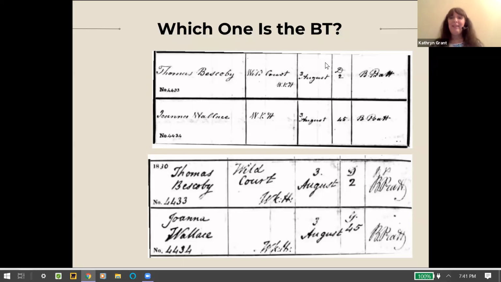Yep, G Hammer, you're exactly right. The top one is a transcript. Yep, Linda, you're right, because you notice the handwriting is a lot neater and more consistent. On a bishop's transcript, you may see different names of the clergymen.